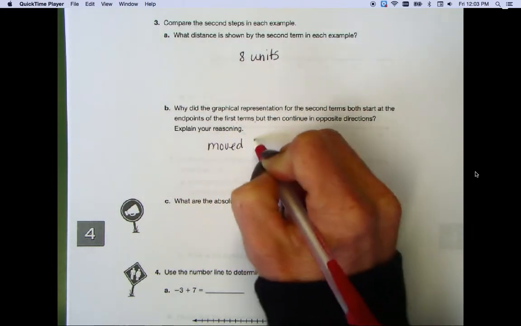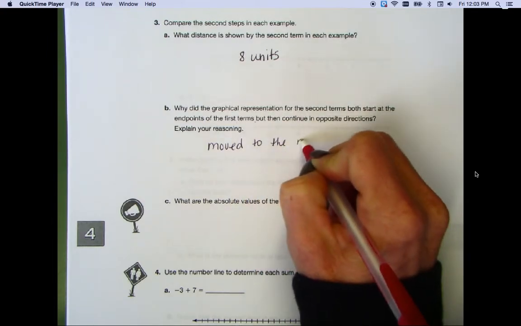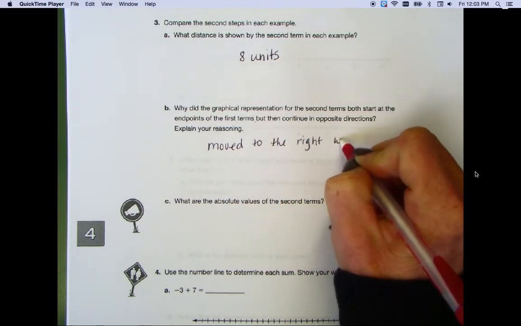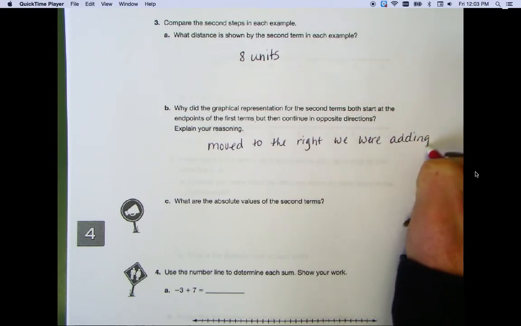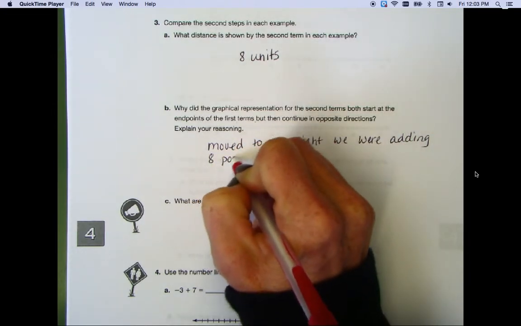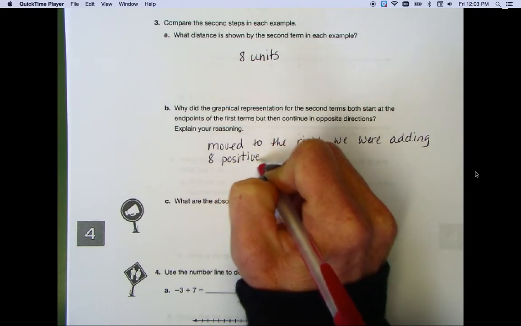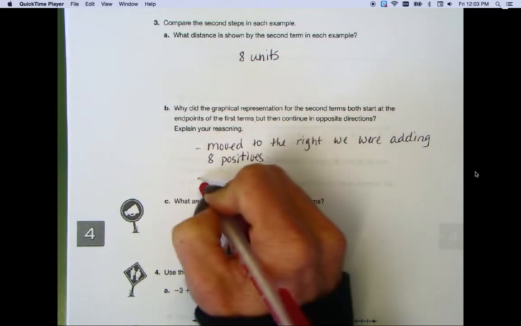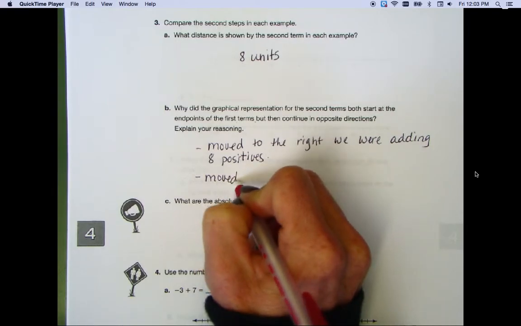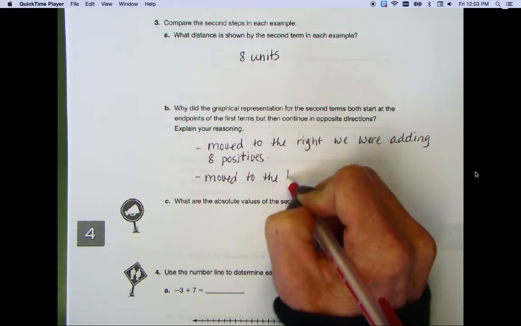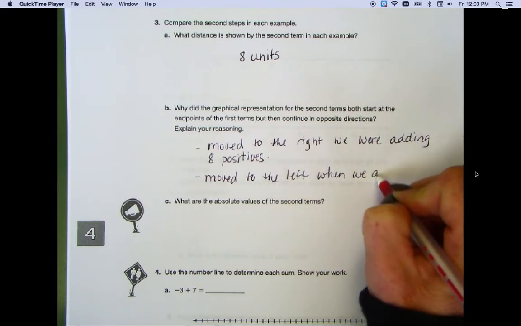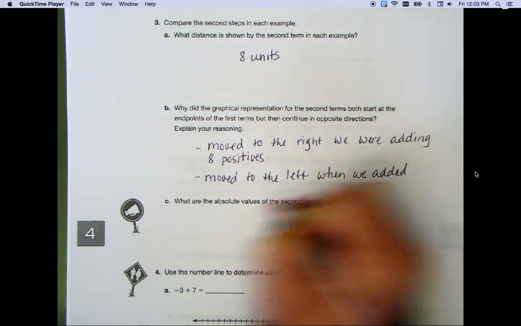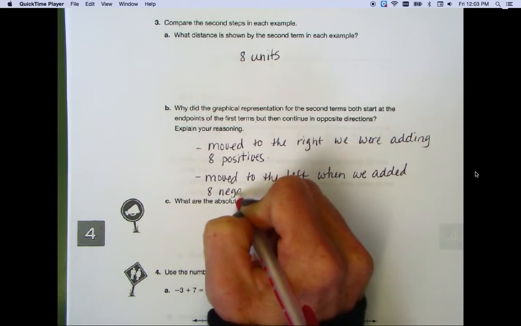When we moved to the right, we were adding 8 positives. We moved to the left when we added 8 negatives.